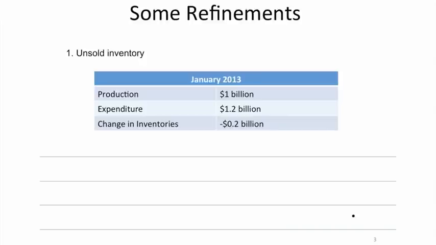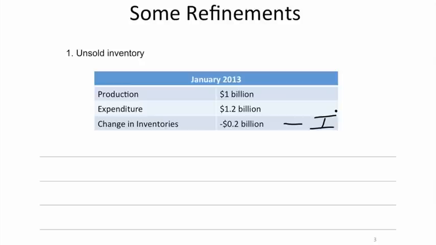So there will be a change in inventories, but it won't be adding to inventories, it'll be taking away. And so we record the change in inventories in this case as minus 0.2 billion. But again, this is going to be part of investment, but it's going to be negative investment.